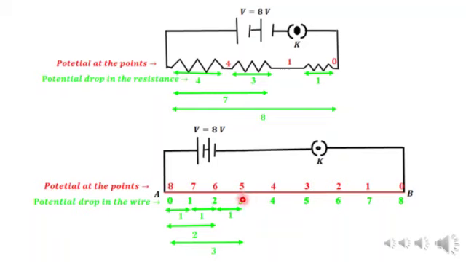Since potential drops across the wire, potential at these points decreases, but the potential drop in the wire increases. So when we move from left to right, the length of the potentiometer wire and the potential drop both increase, which is the principle of the potentiometer.